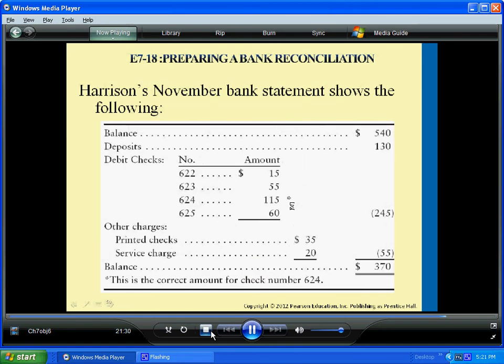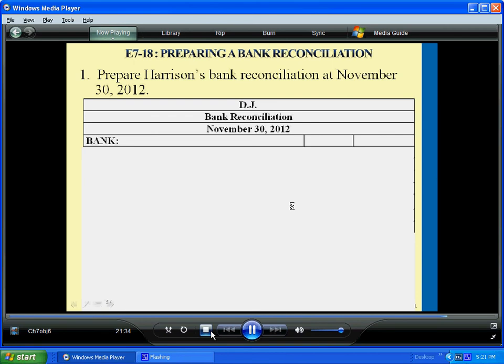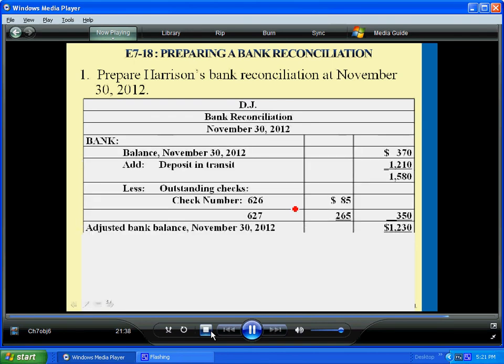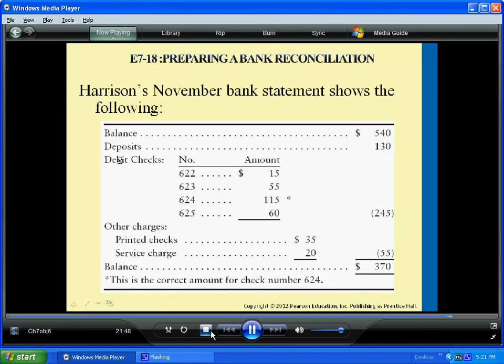They are going to ask us to perform a bank reconciliation. Let's start with the bank side first. We've got the balance from the bank statement. We're going to add the deposit in transit of 1210 because the 1210 does not appear on the bank statement, but it appears here in the check register.